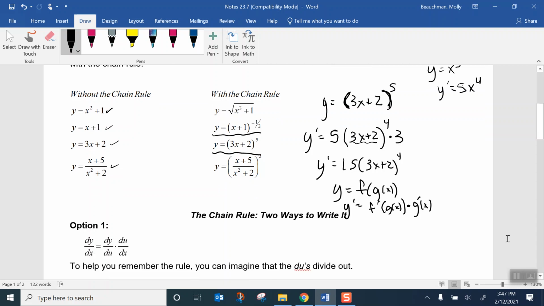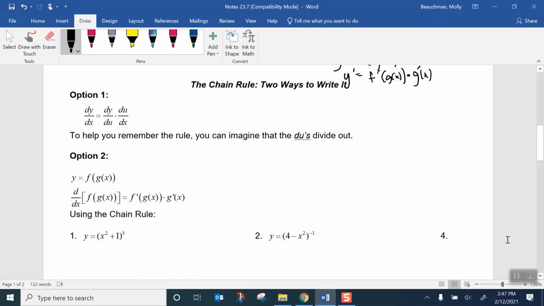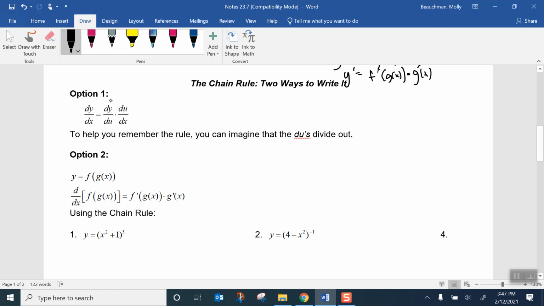So we can write that a couple of ways. The first option for the chain rule is written with the dy/dx notation, and we think of the function on the inside as u. So we have dy/du times du/dx is equal to dy/dx.